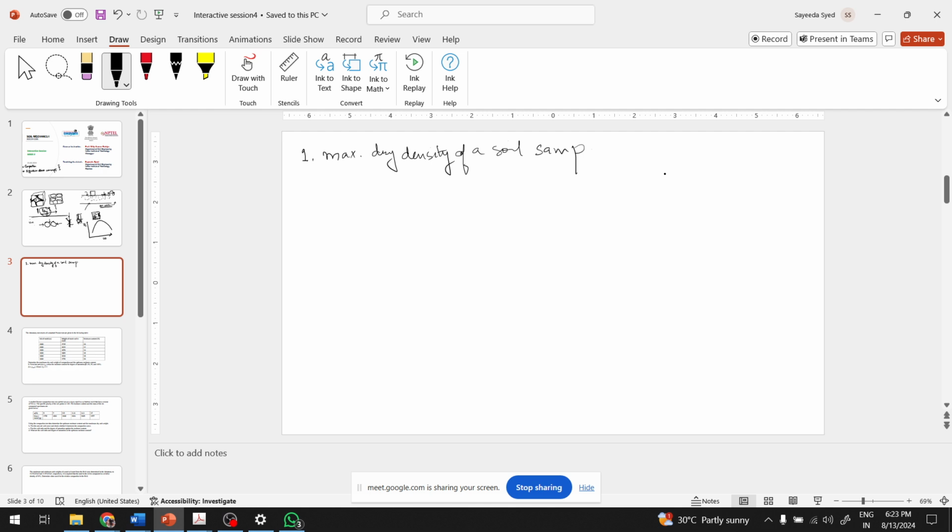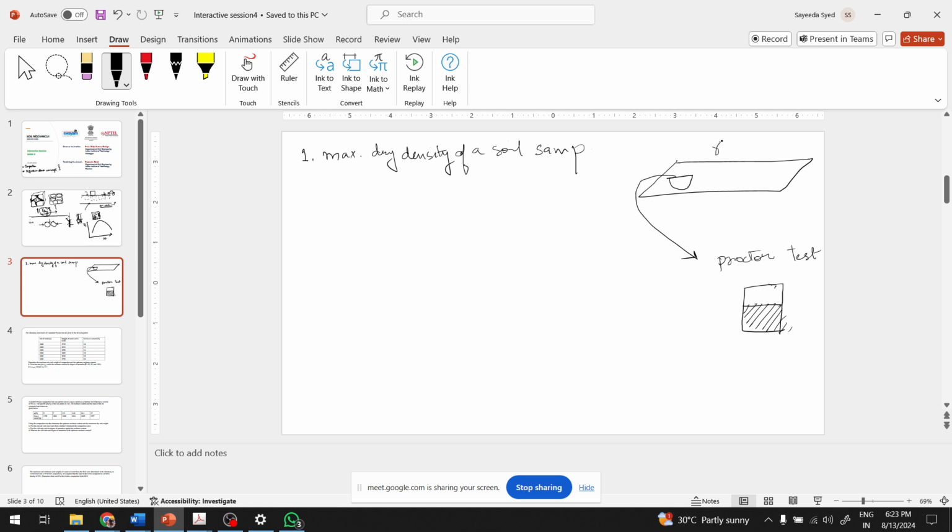For example, this is a plot of land and you want to construct a house on it. What you do is you take some sample, take it to the lab and do a Proctor test on it. The Proctor test will tell you a characteristic property of this soil: the maximum density to which you can compact it.